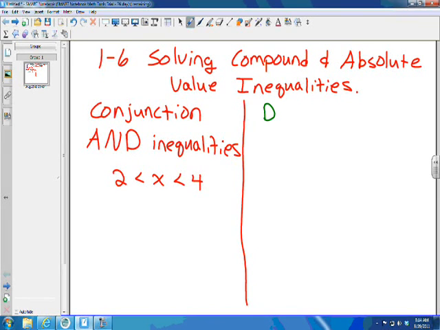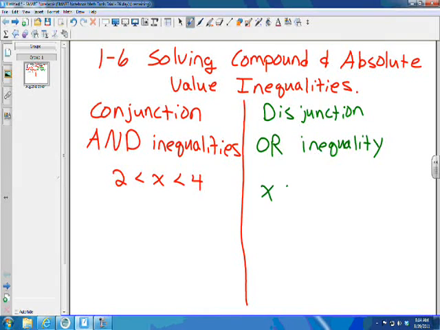A disjunction is an "or," and it will look like x is less than 2 or x is greater than 4. Okay? So it's going to actually be two separate inequalities.